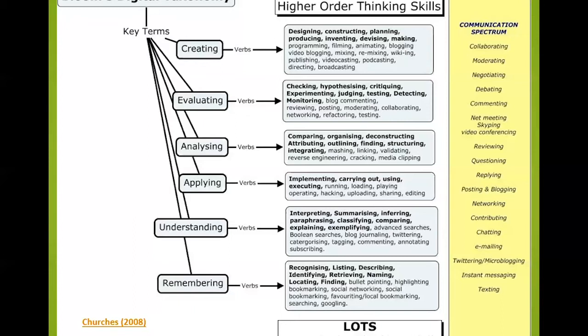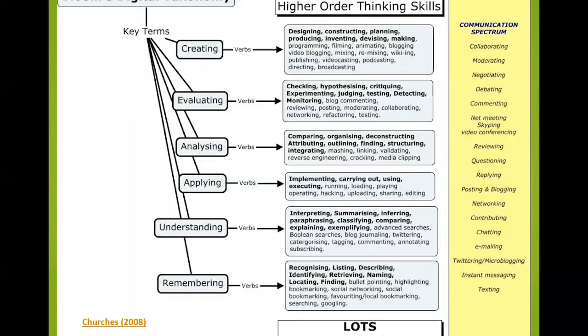So I can model for students what is expected in using the taxonomy. For example, one of the higher order thinking skills that you have to develop in students at this level would be critiquing skills, critical thinking skills. So I go to the taxonomy, I see that that is at the evaluating level, at the higher level.